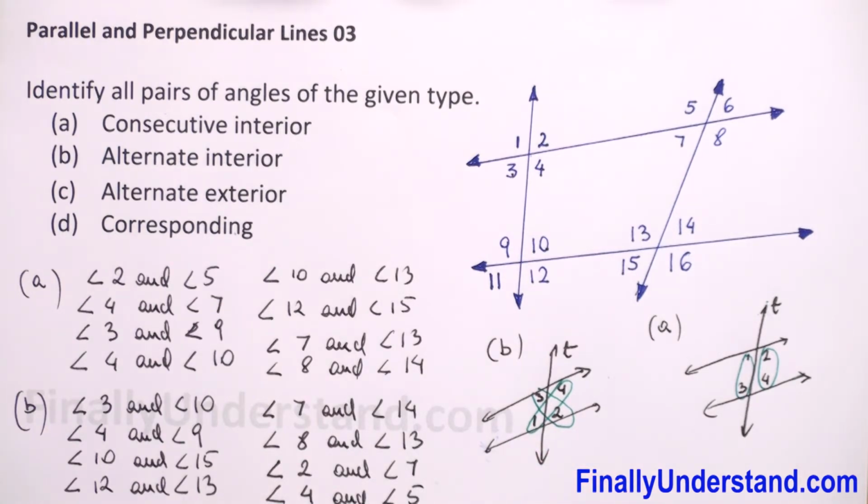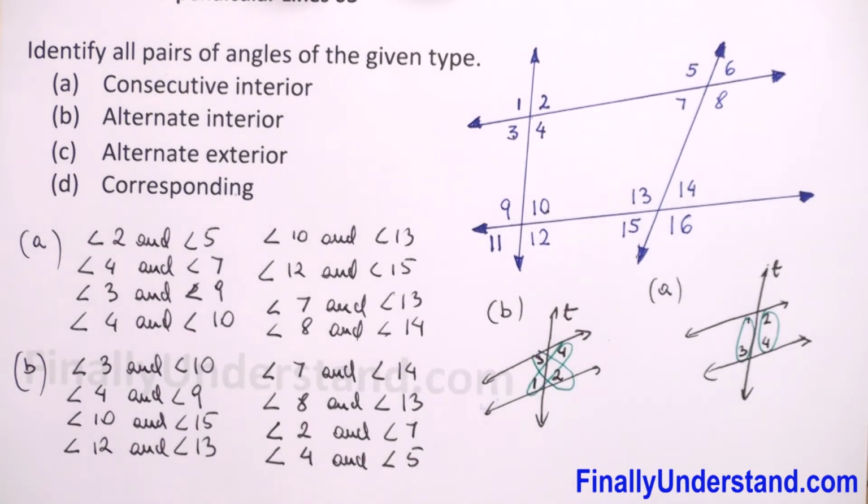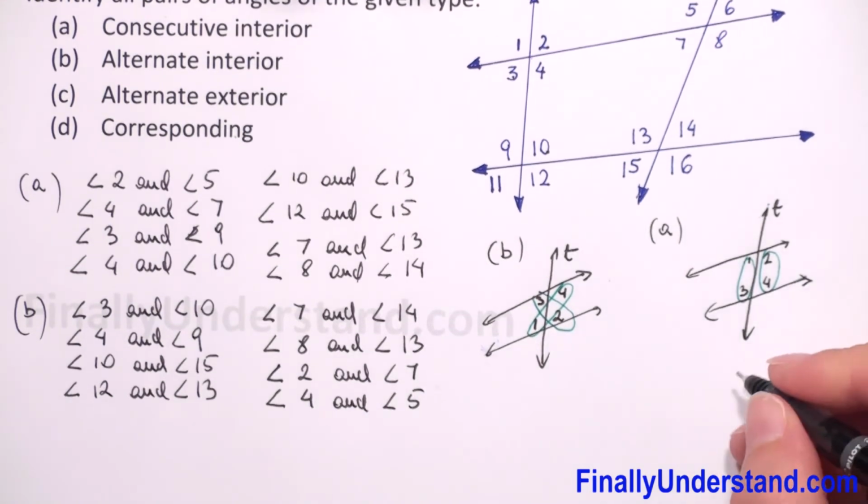Next, we have to find alternate exterior angles. Let me remind you first that two angles are alternate exterior angles if they lie outside the two lines and on the opposite sides of the transversal. So let me first draw an example.